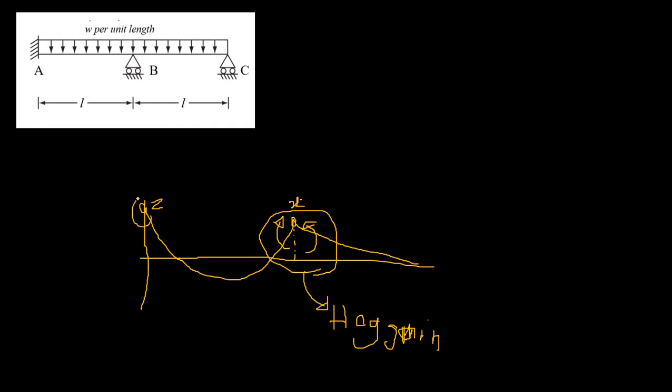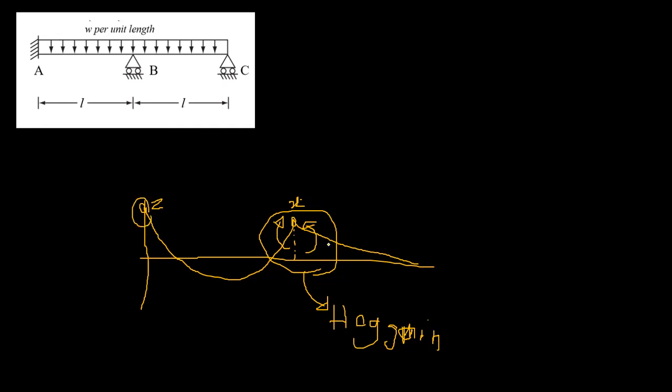Sigma M is 0. So that means here it's a clockwise bending moment, here is an anti-clockwise moment. So probably this is what is this called? A hogging moment, right? Here also a hogging moment.